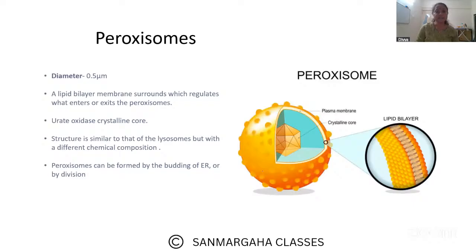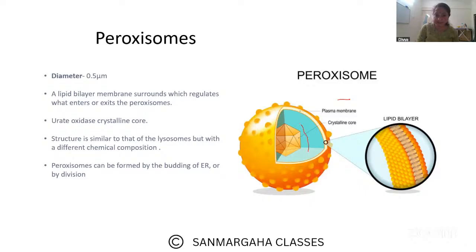Next come peroxisomes. Peroxisomes are also minute structures, like other organelles. These organelles also have a lipid bilayer membrane.